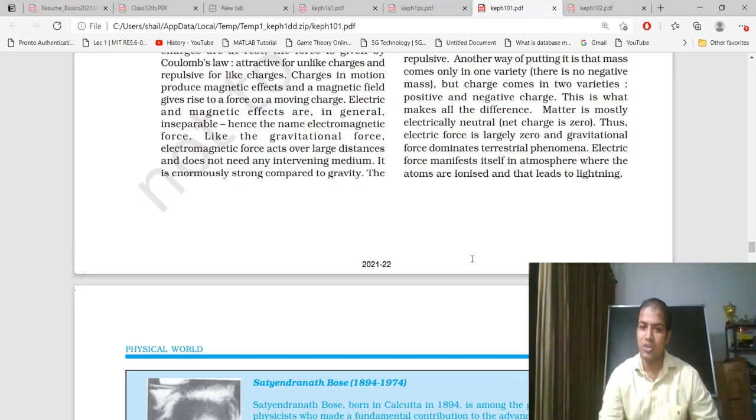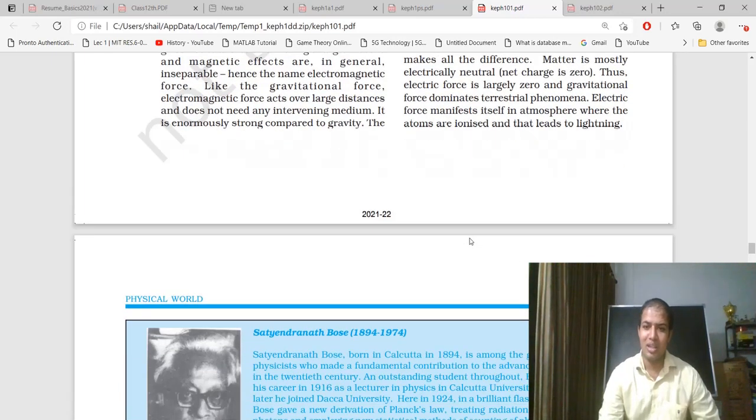Net charge is zero. Thus, electric force is largely zero, and gravitational force dominates terrestrial phenomena. Electric force manifests itself in the atmosphere where the atoms are ionized and leads to lightning, as we see during the rainy season. Why? Because of ionization.